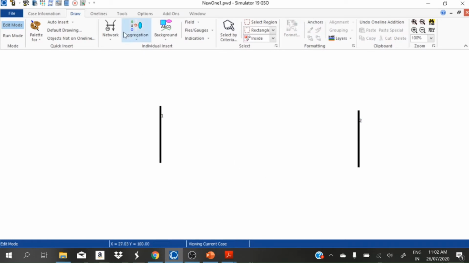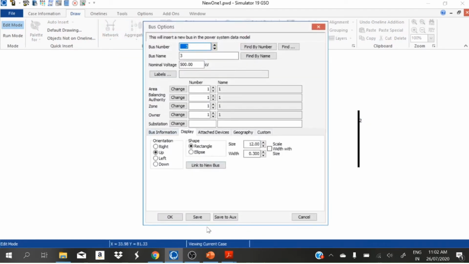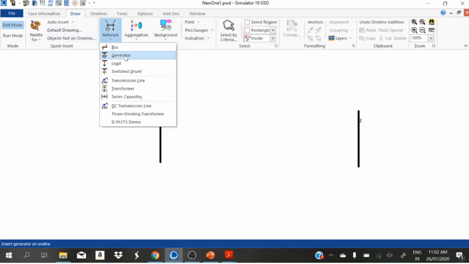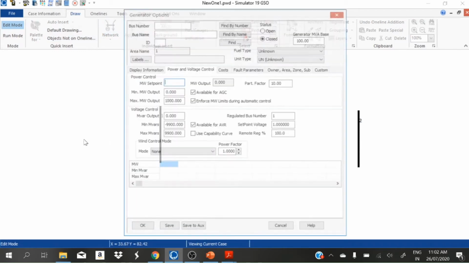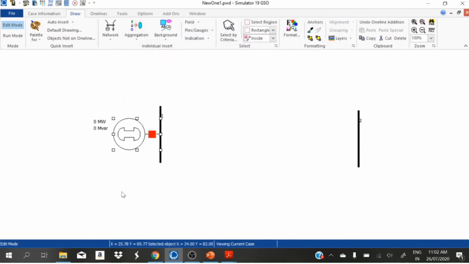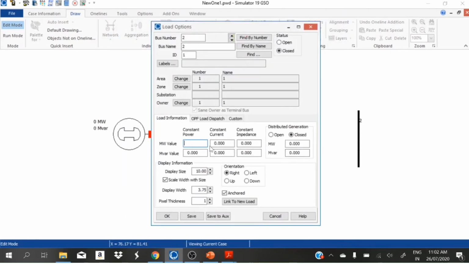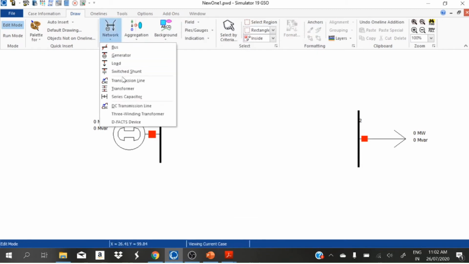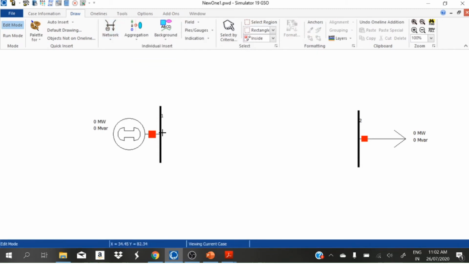At Bus 1 we connect the generator. At Bus 2 we connect the load of 500 megawatt, and we connect a transmission line from bus 1 to 2.